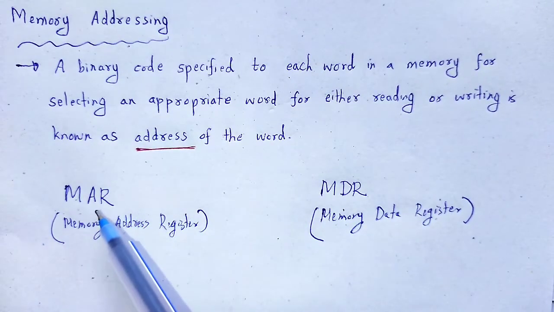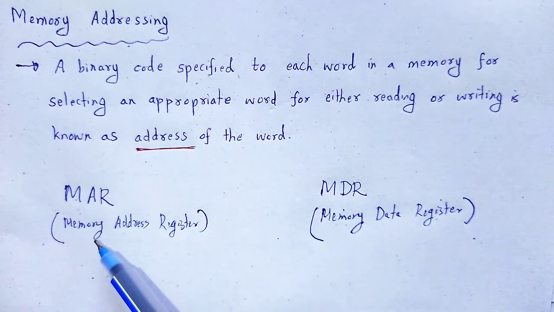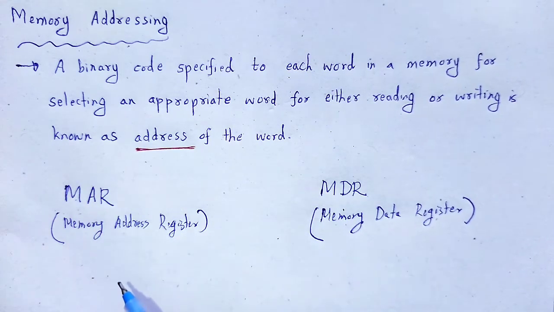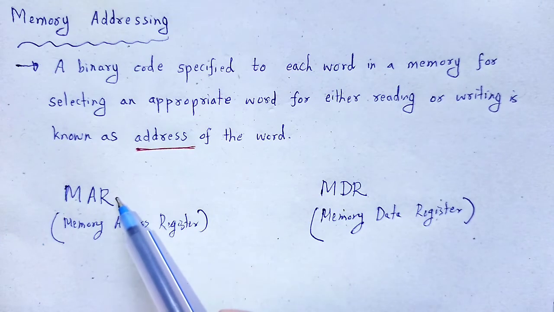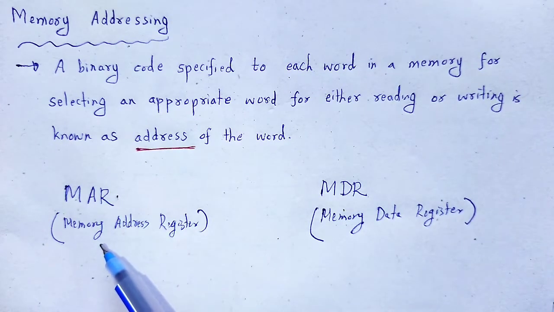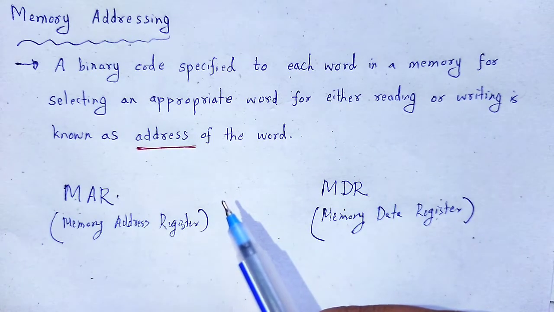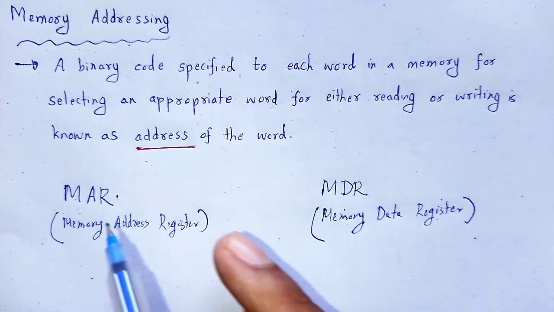In MAR, the address is placed in a register which is known as the memory address register, in abbreviated form MAR. The memory size is related to the size of the MAR.